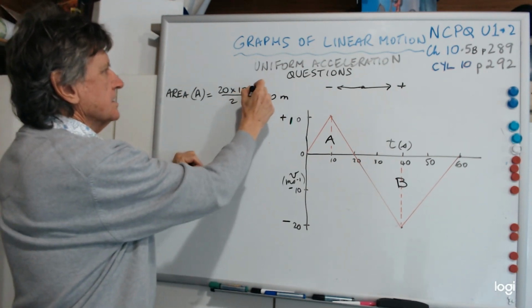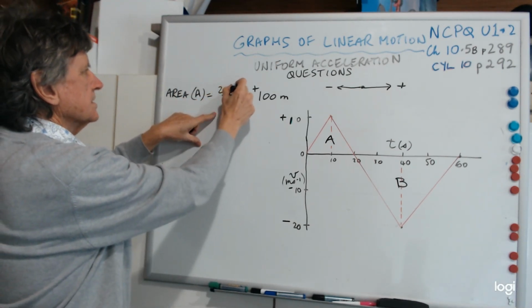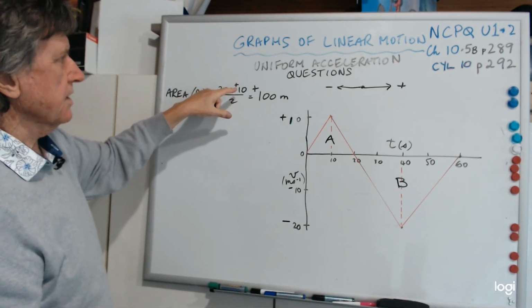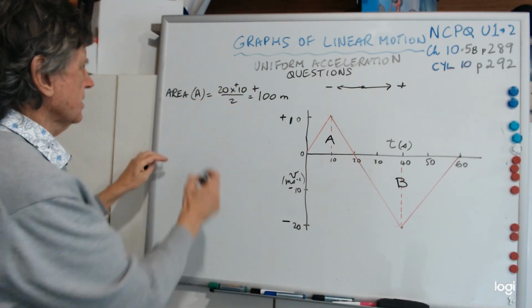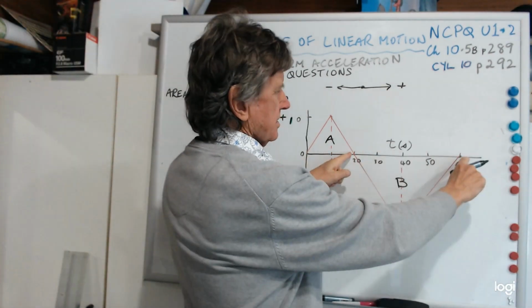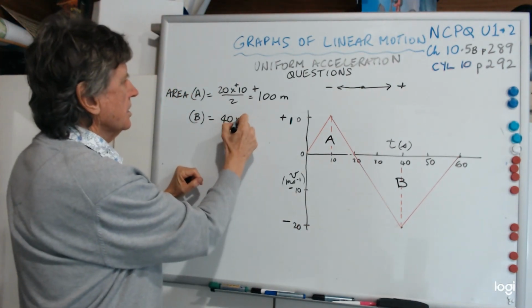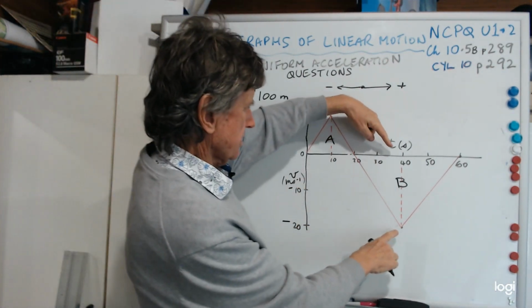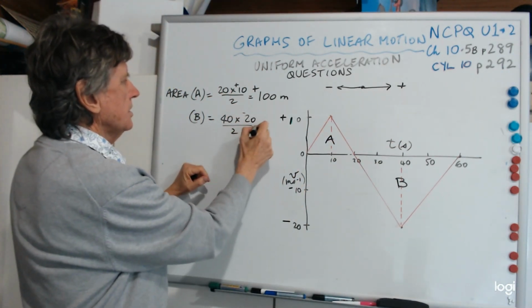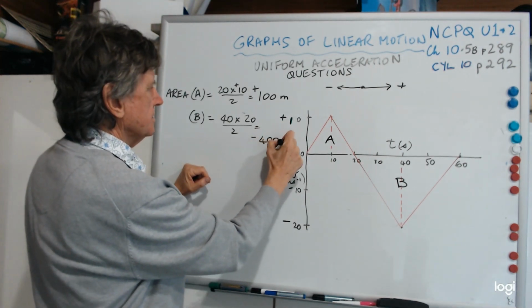That's positive because the base was 20, and the time is always positive, times plus 10 over 2 comes to plus 100. The area of B is just base, which is from 20 to 60, so that's 40, times the height, which is negative 20, on 2. So that's negative 400 metres.